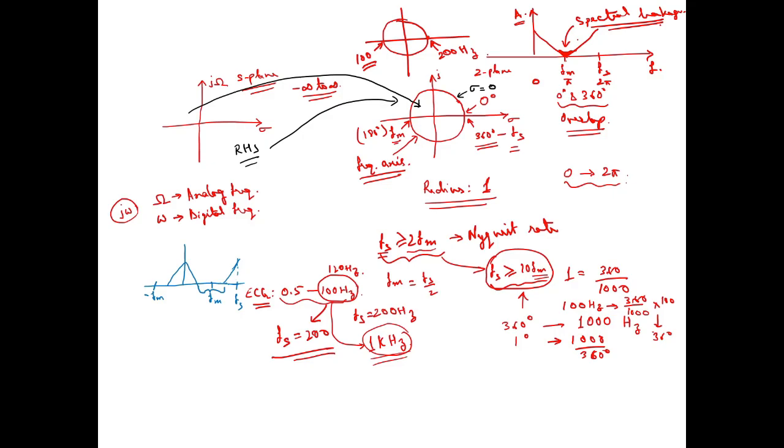Another term is Nyquist aliasing, which happens if you do not follow the Nyquist rate equation. If you do not follow this equation, what will happen basically?